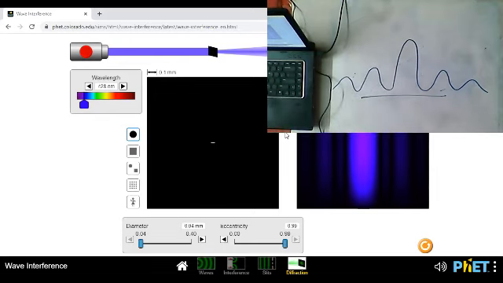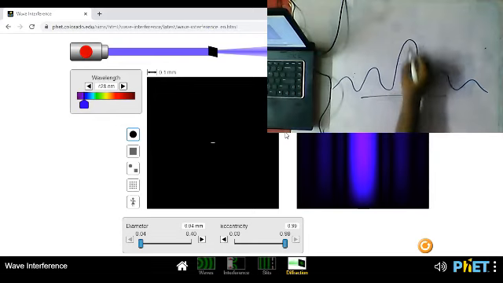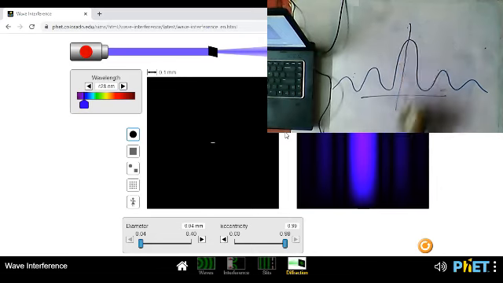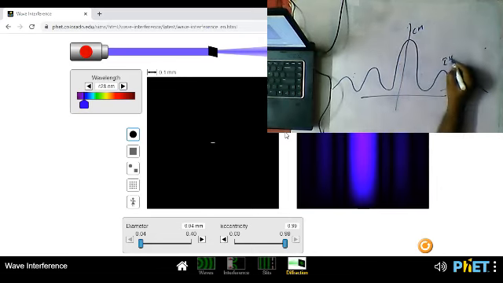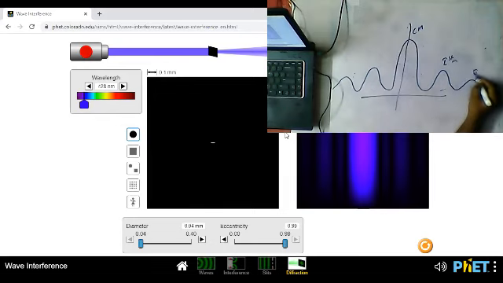This is how the diffraction pattern will be. Now this one is called the central maxima. Then first order maxima, second order maxima.